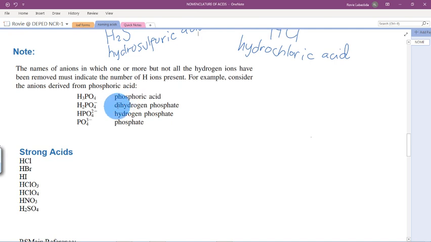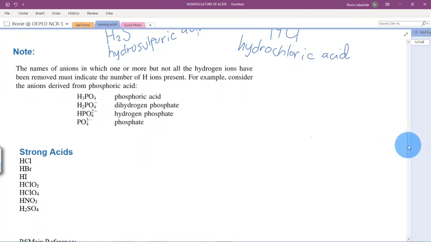So you have to mention how many hydrogens are there, dihydrogen, and the anion, which is phosphate. Now, if there is a removal again of another hydrogen atom, the formula will become HPO4 2 negative. And this one is called hydrogen phosphate. And of course, removal of all the hydrogen ions will become PO4 3 negative, and the name is phosphate. There you go.